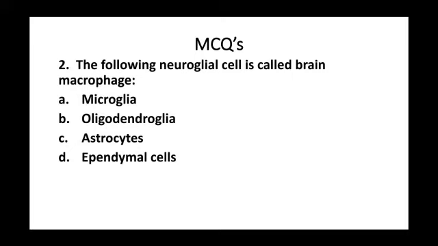Second MCQ: which of the following neuroglial cells is called brain macrophages? A is microglia, B oligodendroglia, C astrocytes, and D ependymal cells.